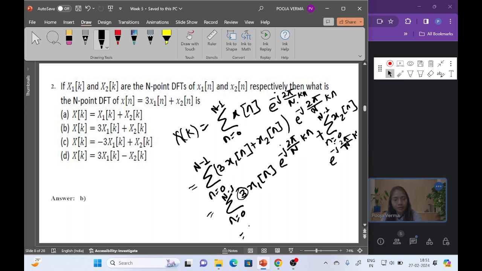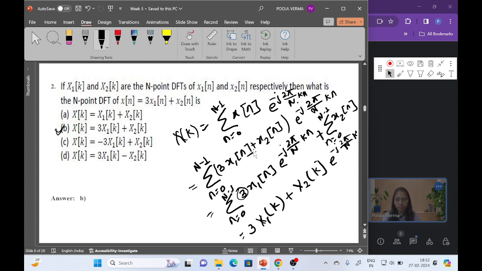If we take the 3 outside, then this is the DFT of x1, because the summation for n equal to 0 to N minus 1 of x1(n) e to the power minus j 2 pi by N kn will be X1(k), and similarly for this, X2(k). So what is the correct answer after solving this? Option B is the correct answer.